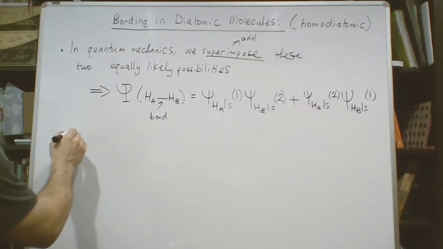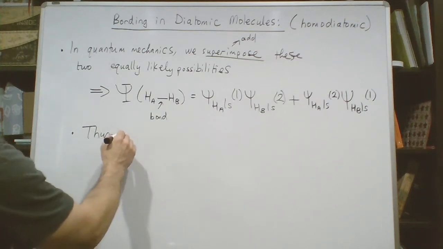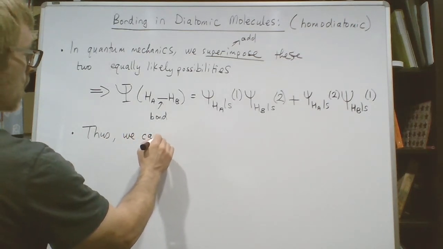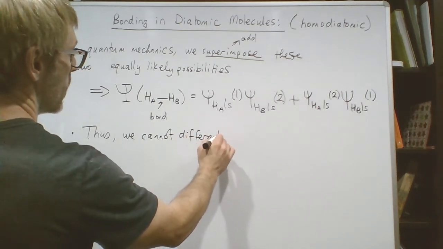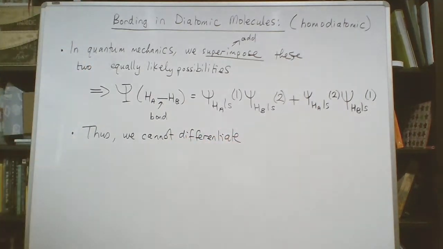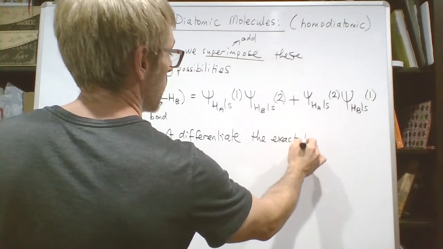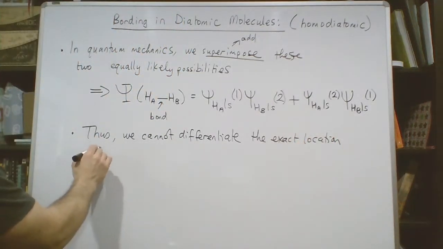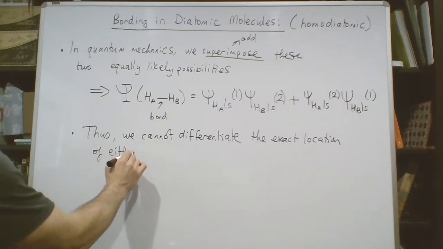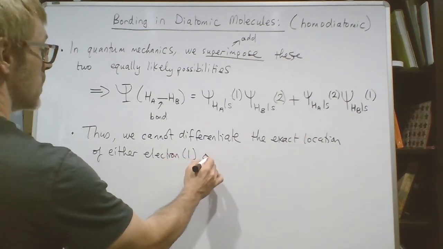And this has a striking consequence. Therefore we cannot differentiate or distinguish the exact location of either electron 1 or electron 2.